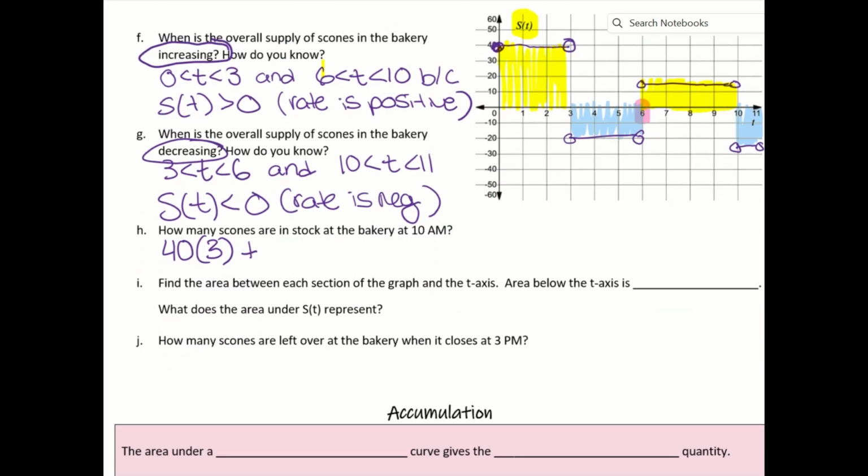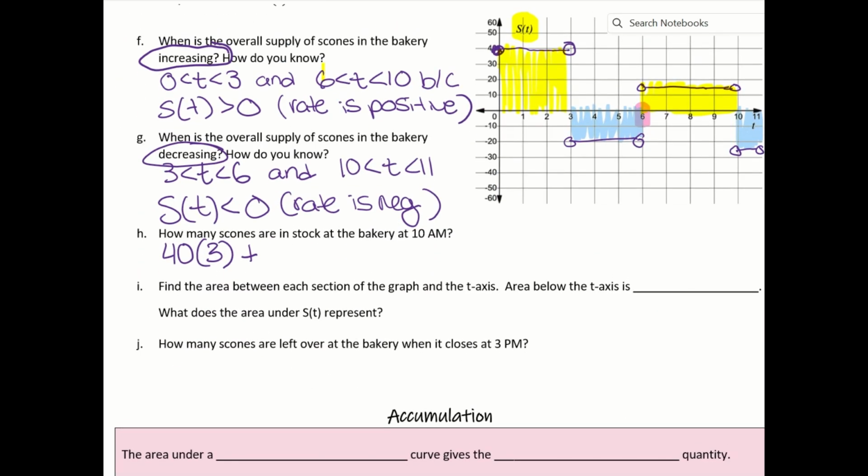So for the next 3 hours, scones are being removed faster than they're being added. So negative 20 for the next 3 hours. And when we add that together, we end up with 60. So there's 60 scones at 10 a.m. because for 3 hours they were being added at a rate of 40, and then for another 3 hours they were being removed at a rate of 20.